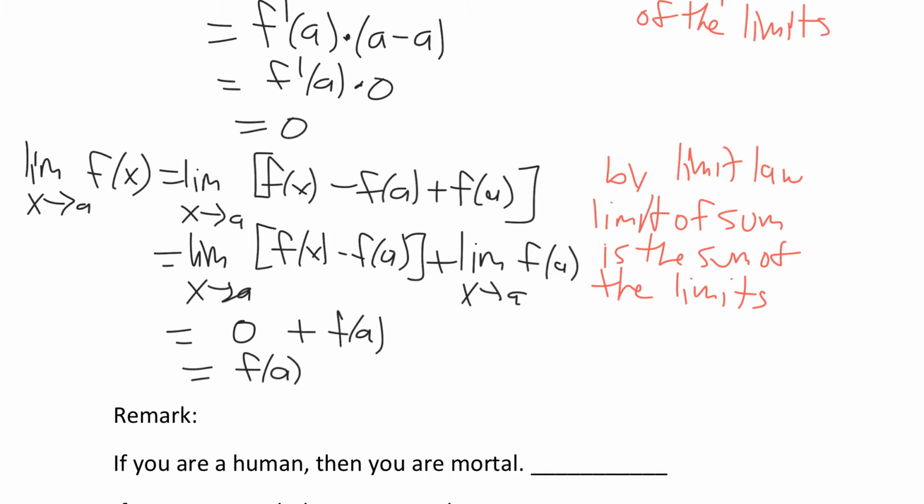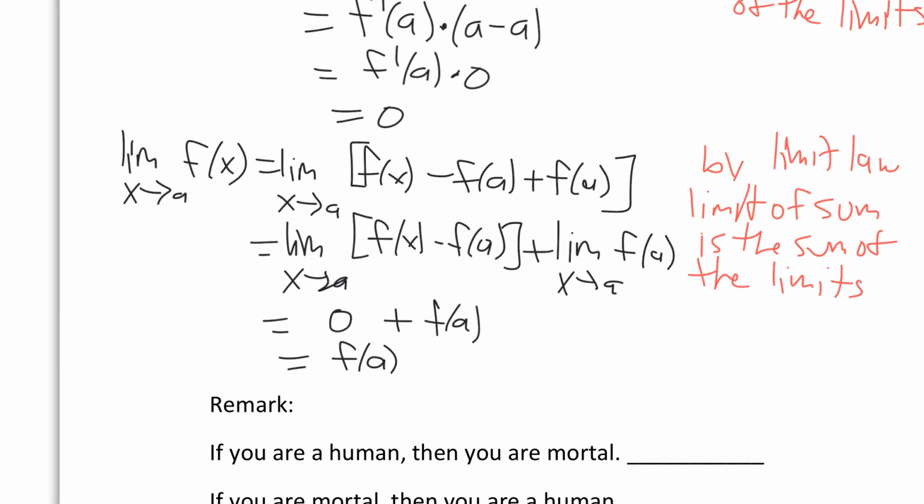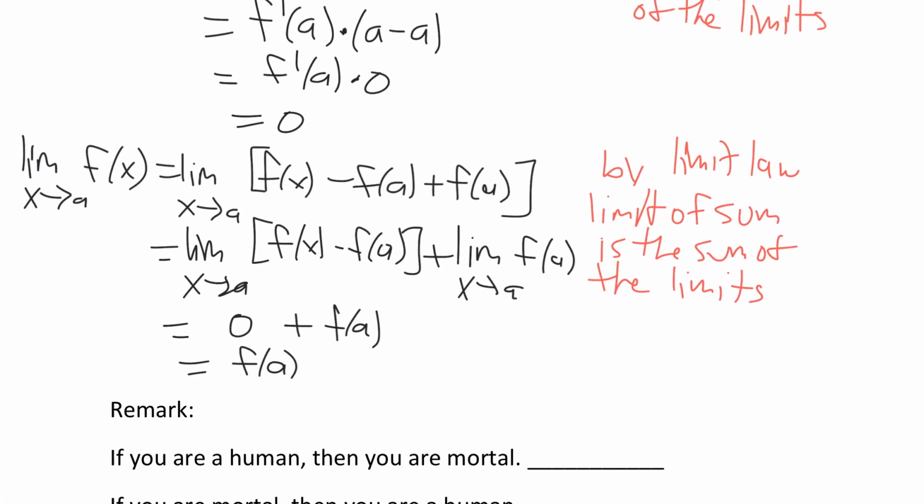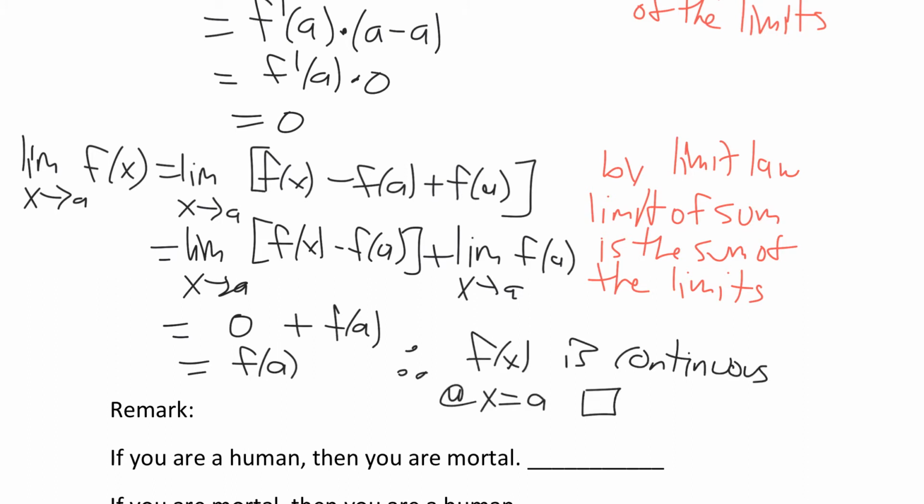So we've just shown that the limit of f of x as x approaches a is just f of a, which is the definition of being continuous. So we can say, therefore, f of x is continuous at x equal to a. And we put a box because we've completed our proof.